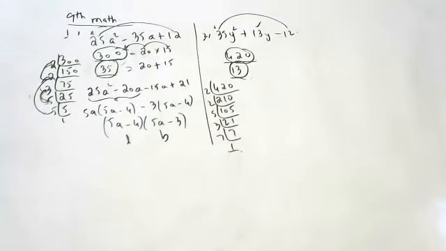One second. Uh, 25 and 12, I think 25 into 12 is 300. Wait a second, sir.